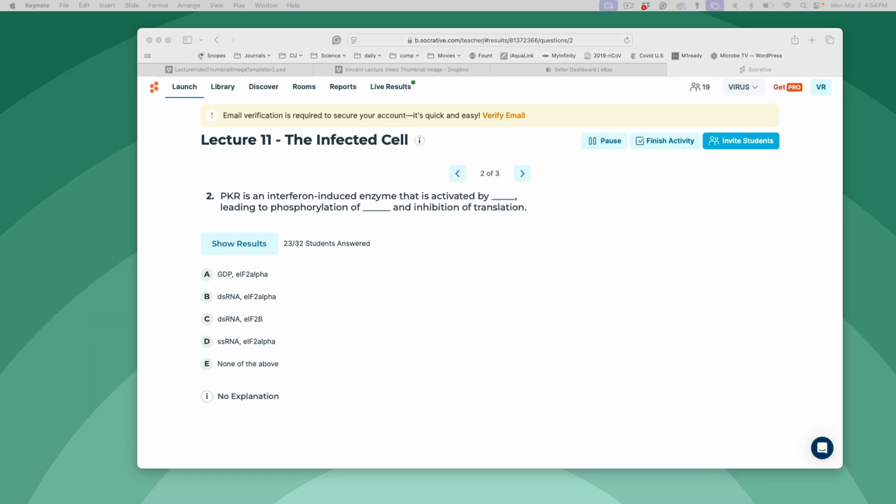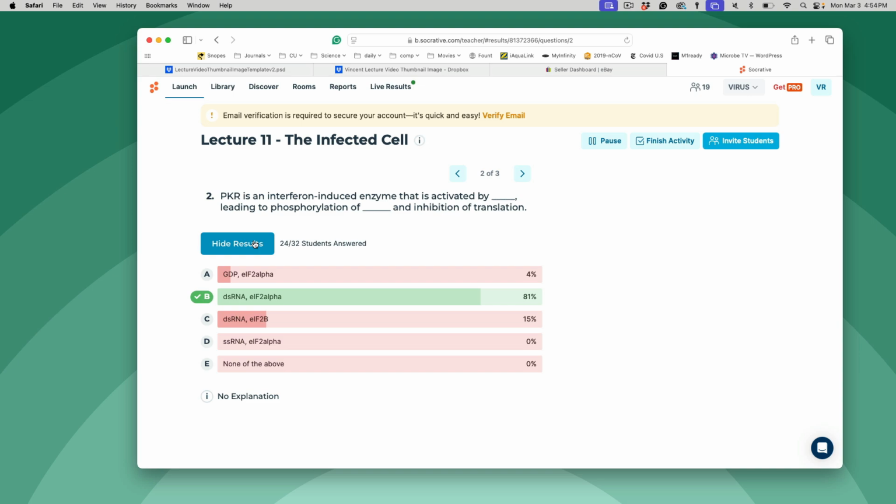Fill in the blanks. Okay, let's see how we did. Right, most of you got B. So PKR is activated by double-stranded RNA, which then phosphorylates EIF2 alpha.